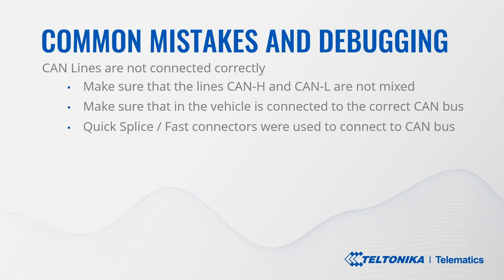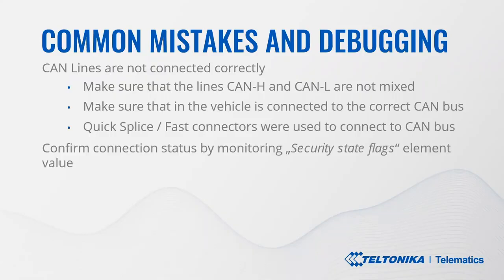Additionally, all of those scenarios can be checked, and if you want to confirm validity of your connection, you can monitor the status that is sent in our records. We have a specific element, security flags, so you can confirm the connection by monitoring the value sent by it.